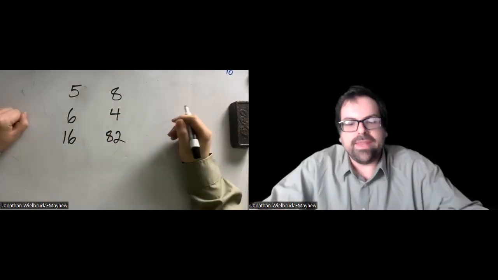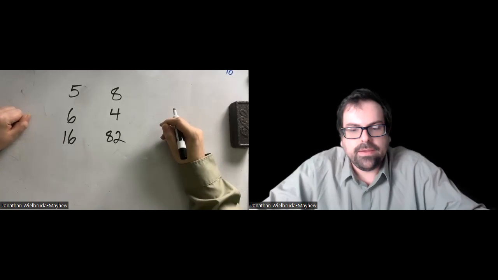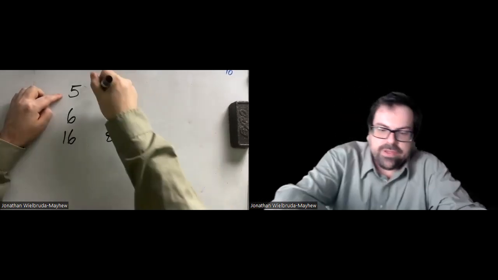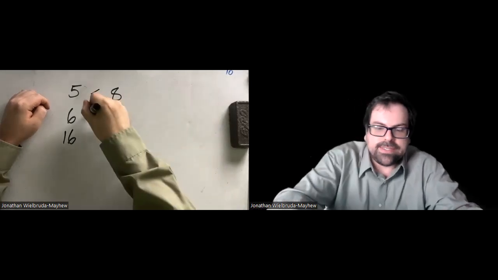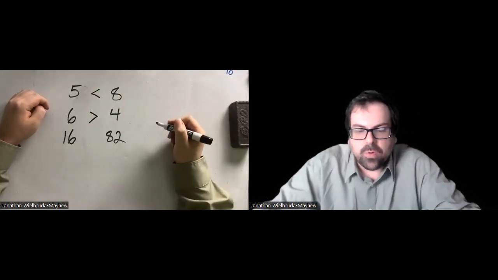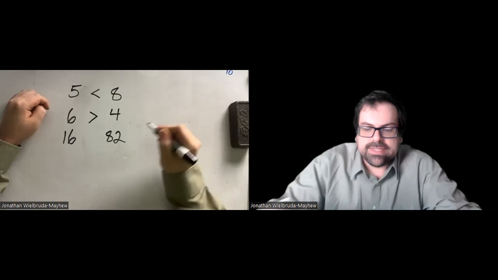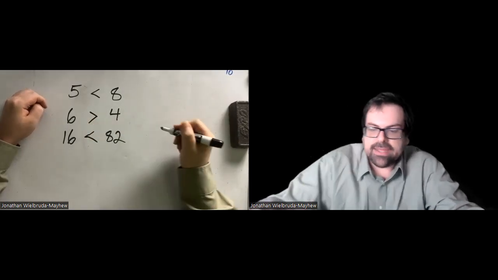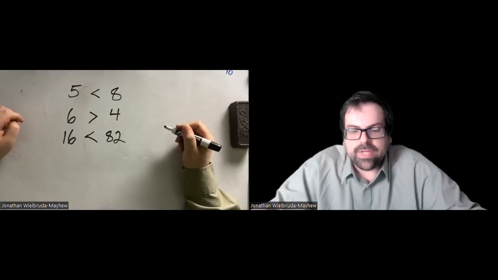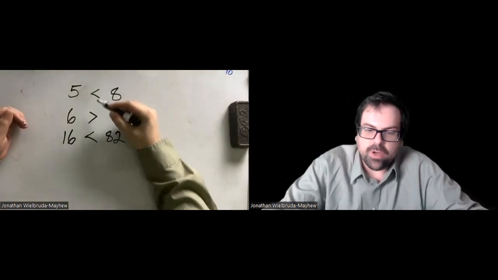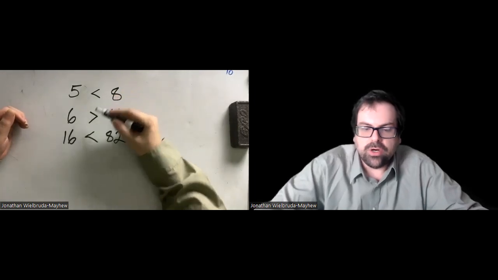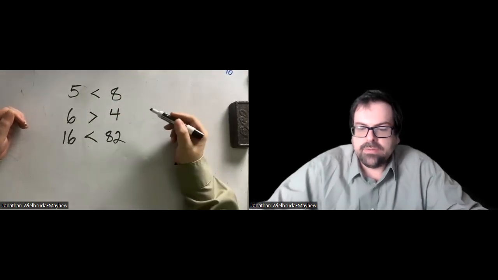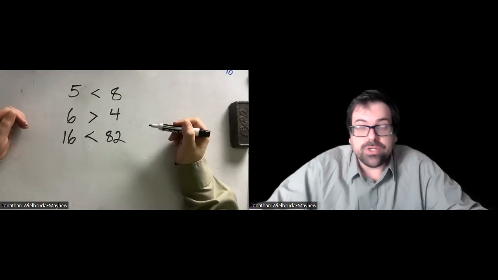I'm going to go ahead and give away the answers now. 5 is less than 8. 6 is greater than 4. 16 is less than 82. In each of these instances, the small pointy end points to the smaller number. The large open end points to the larger number.